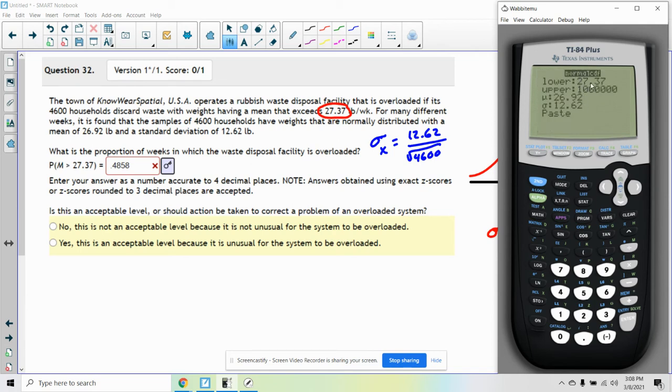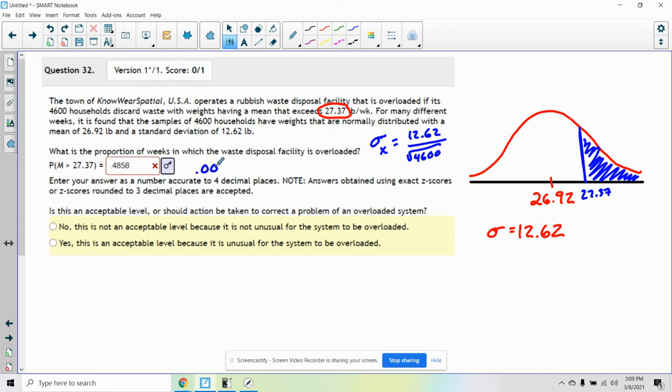Lower bound is going to be 27.37. Our sigma is going to be 12.62 divided by the square root of 4,600. Paste, enter. We get 0.00779. To 4 decimal places, it's 0.0078.